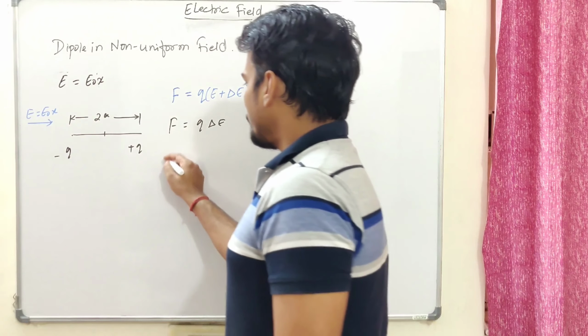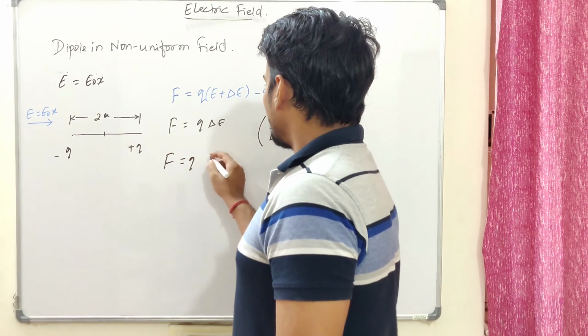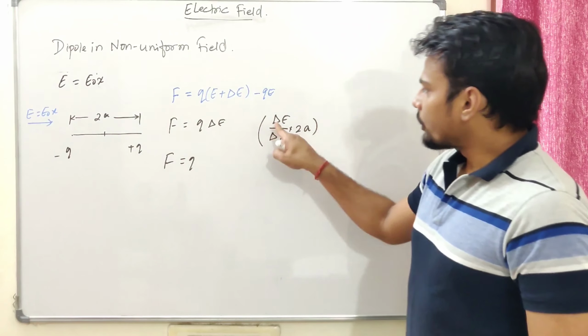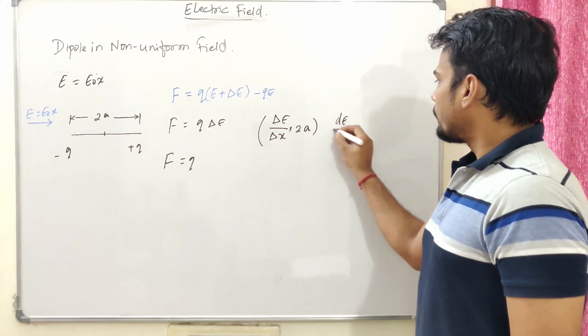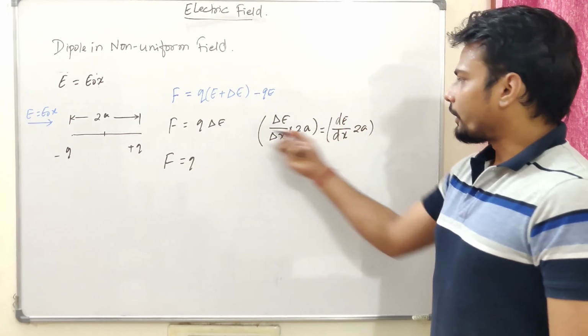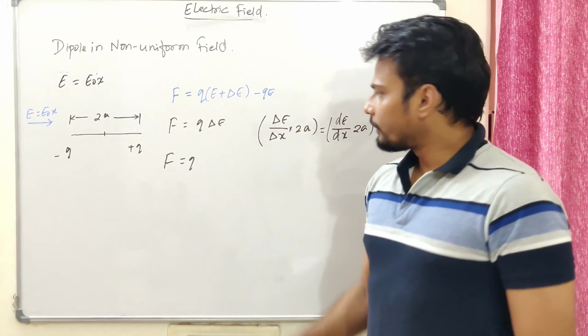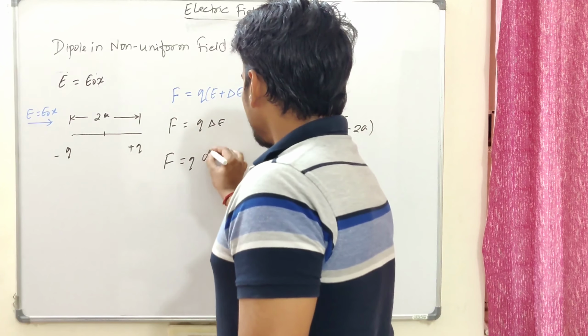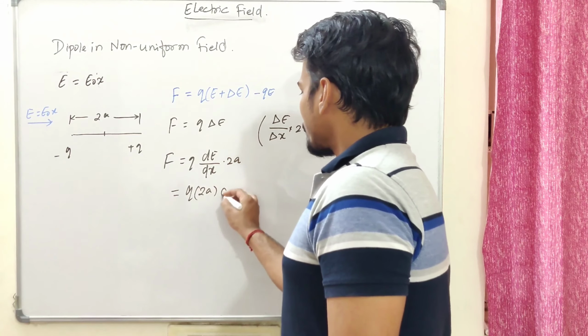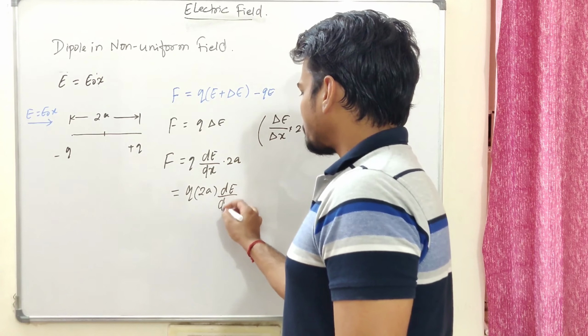So F should be q times delta E, and if the distance is very small, this could be seen as dE by dx times 2a. For a small distance it should be q times dE over dx times 2a, and that's going to be q times 2a dE over dx.